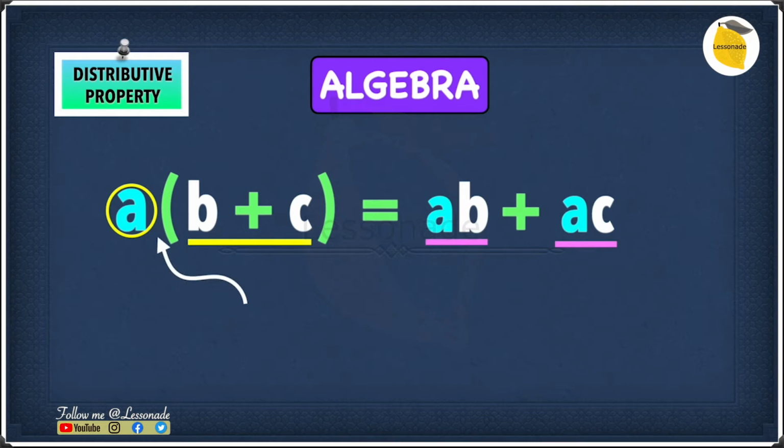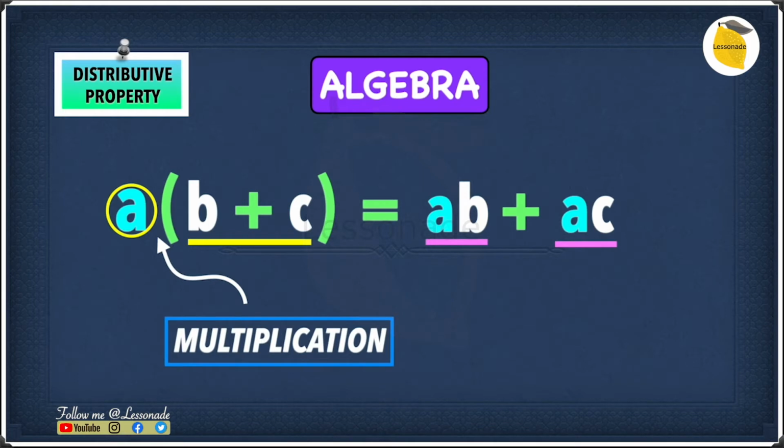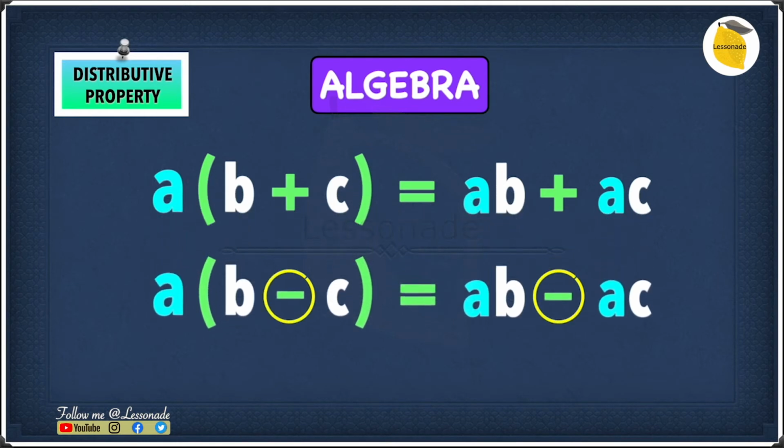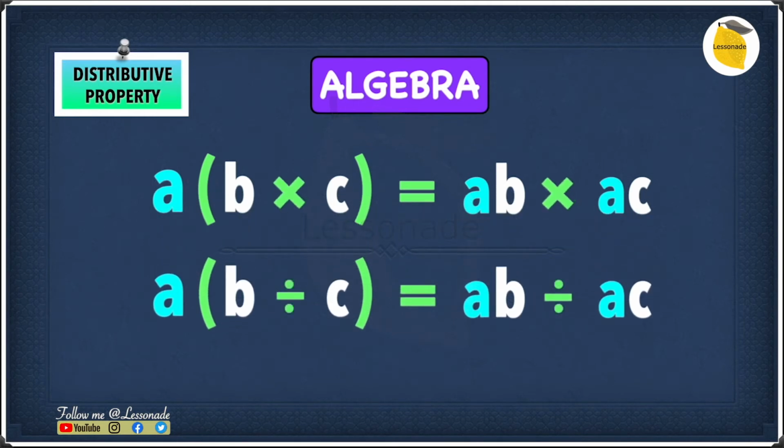If you notice, between the A and the group there is no sign, and because there's no arithmetic sign between them, it's automatically considered to be multiplication, because multiplication is the default operation. Another thing to remember is that this pattern can also work with subtraction. The one thing this pattern does not work with is multiplication and division inside the group.